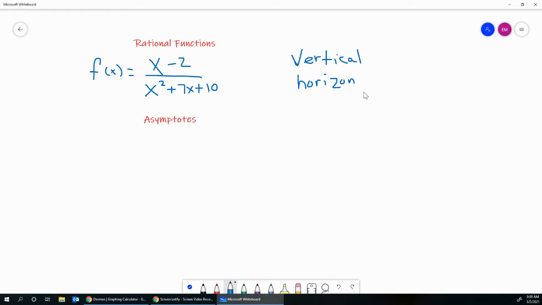And a horizontal, and I'm having trouble spelling the word horizontal, is one that is defined as y equals a number. I know I misspelled horizontal. We'll clean that up later. Okay, so a horizontal asymptote is one, y equals some number.